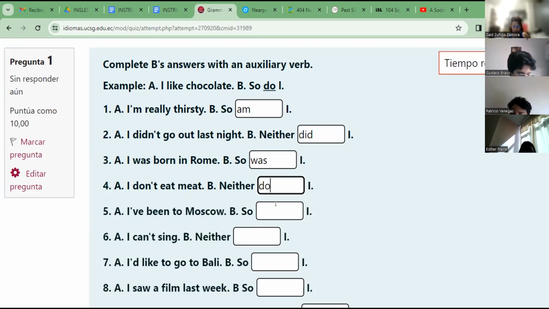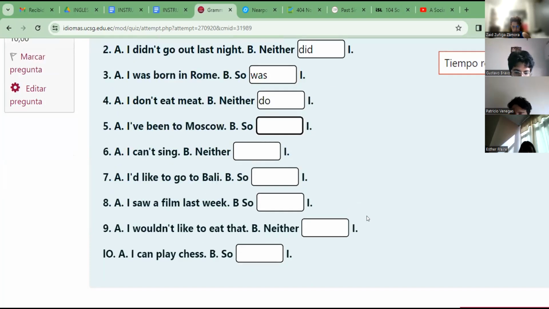Exactly. Patricio, I cannot see your face. Your screen is black. Are you here? I haven't been to Moscow. So have I. Yes, thank you, but I cannot see your face. What happened with your screen?